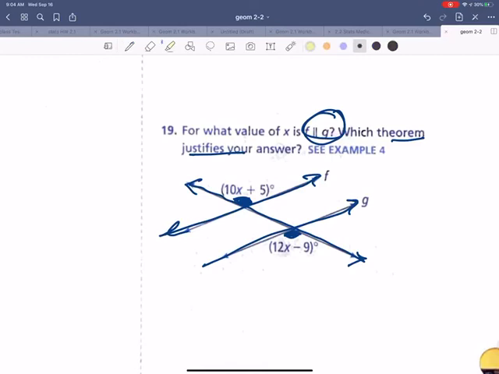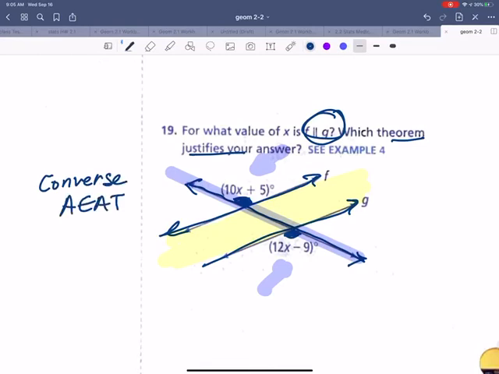It looks like they're not in the road. They didn't get highlighted. And one's on the left, one's on the right. So this would be converse AEAT. They're alternate exterior angles. And so we knew from our class, alternate exterior angles are congruent.